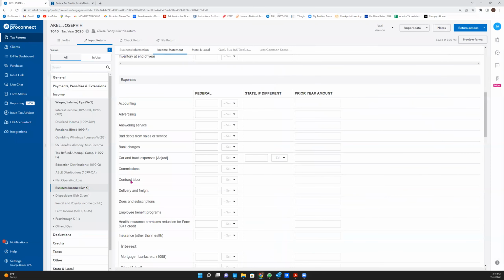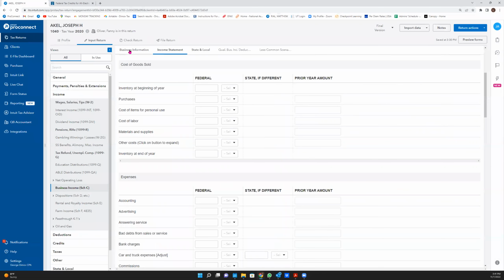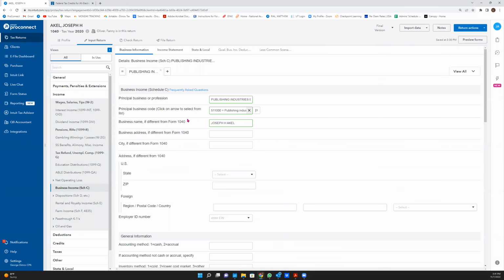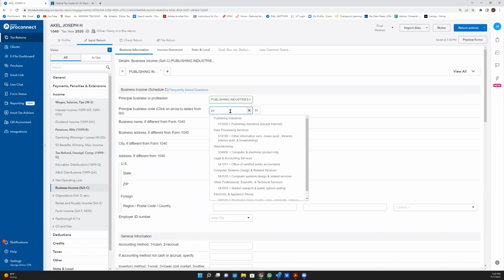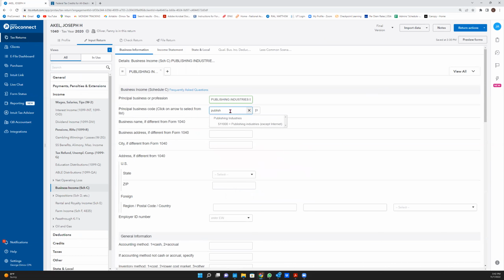Sometimes people think that they need to remember all of these codes. You don't, okay? In fact, nobody remembers them ever. So what you would do is, let's say he's in publishing industries, okay?